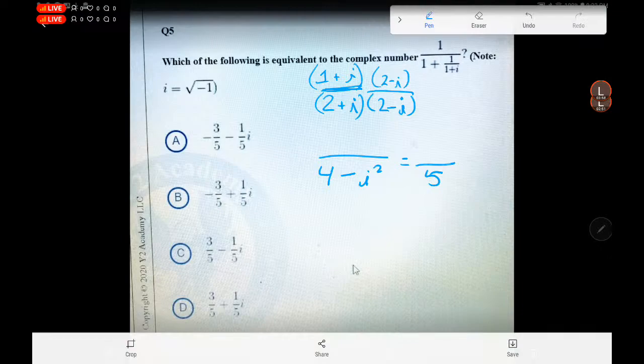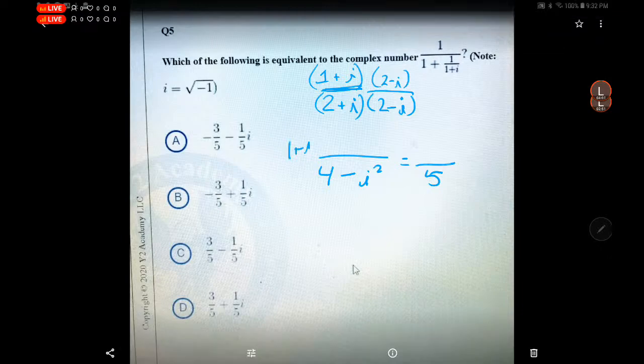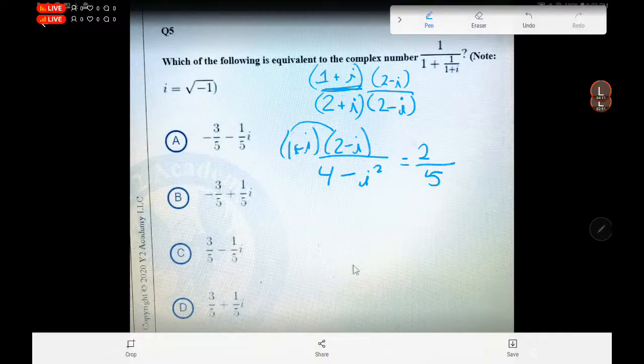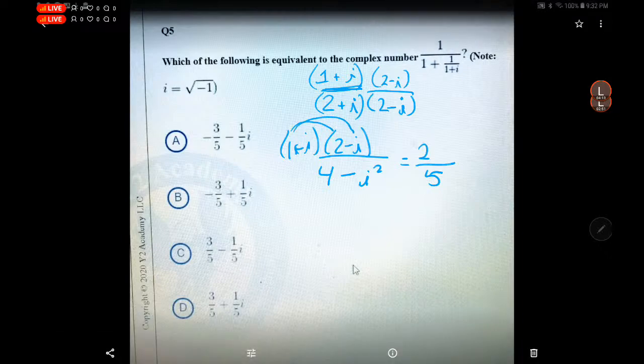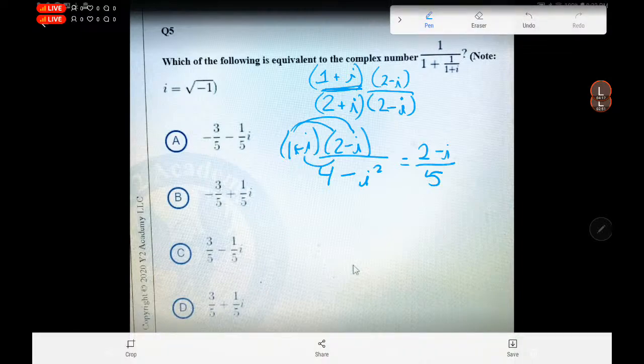The numerator, 1 plus i times 2 minus i. We're going to FOIL that out. First, 1 times 2. Outside, 1 times negative i. Inside, i times 2.